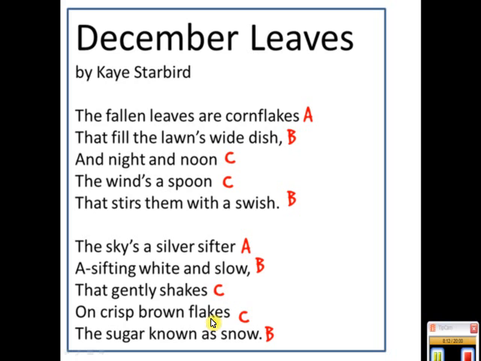Then on the fourth line you have flakes. Obviously it rhymes with shakes, so it's letter C. And the last one is snow, which rhymes with slow. That's why you put B. So I guess everything is clear now.